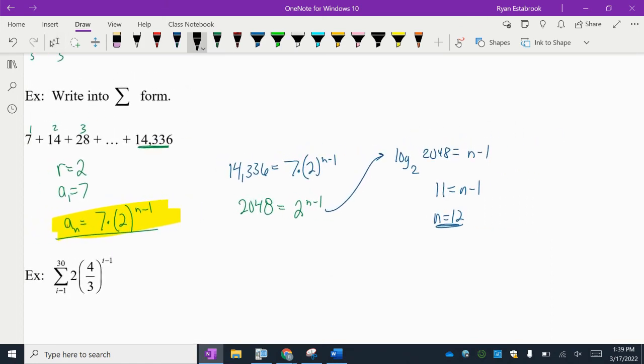Now, answer the question. We've done all the work. We have to put it into sigma form. So look at what we have. Put into sigma form.